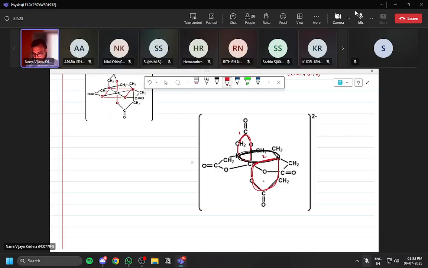Ring 3. Then what about this one? Correct? What about this one? How many rings possible? 5 rings possible. Check, is there any other possibility? Check.